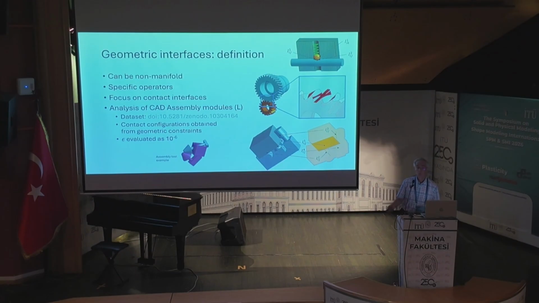But you can have also more complex configurations of interfaces, like with gears and in assembly models, you can find this complex distribution of interfaces that we are going to talk about a bit later on.